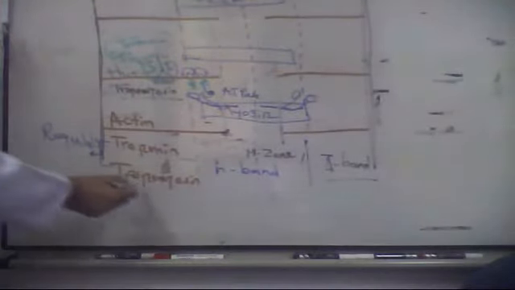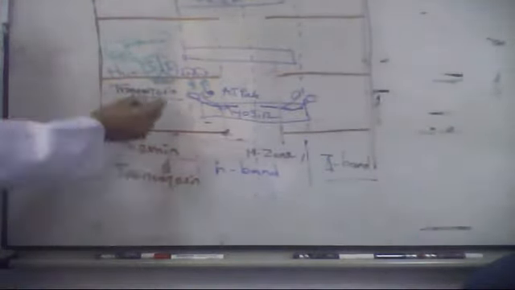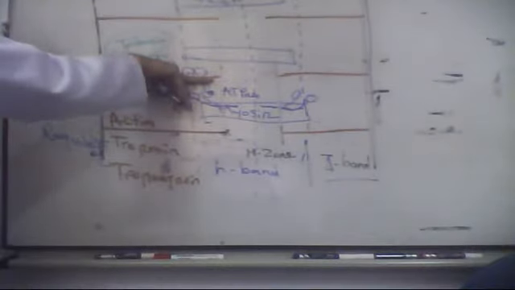We have tropomyosin and we have troponin. Tropomyosin during relaxation covers the binding sites on actin, preventing the head of myosin from interacting with it. During contraction, calcium binds with troponin C, moving the tropomyosin away from the binding sites, allowing the bending and binding of the head of myosin to the binding sites on actin.